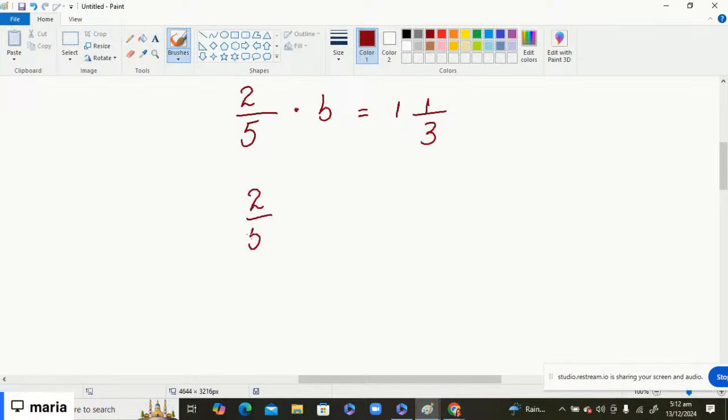So 2 by 5 times B is equal to 3 times 1 is 3 plus 1 is 4 by 3. Okay.